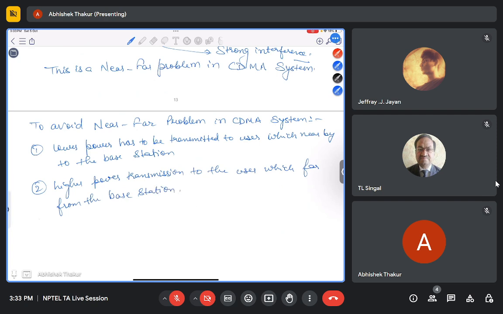So this is known as power control in CDMA systems.